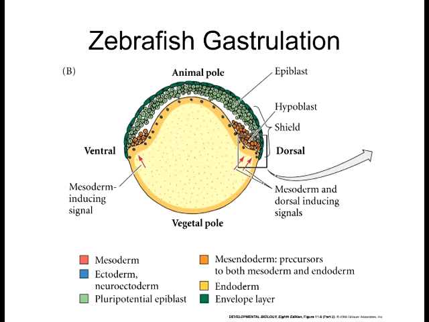In the zebrafish, the hypoblast does become the mesoderm and the endoderm. So this is different than the others in that the hypoblast actually becomes those 2 germ layers, whereas in chick and in human gastrulation, the hypoblast is necessary for patterning, but it does not become any of the 3 germ layers. So that's a big difference between them.